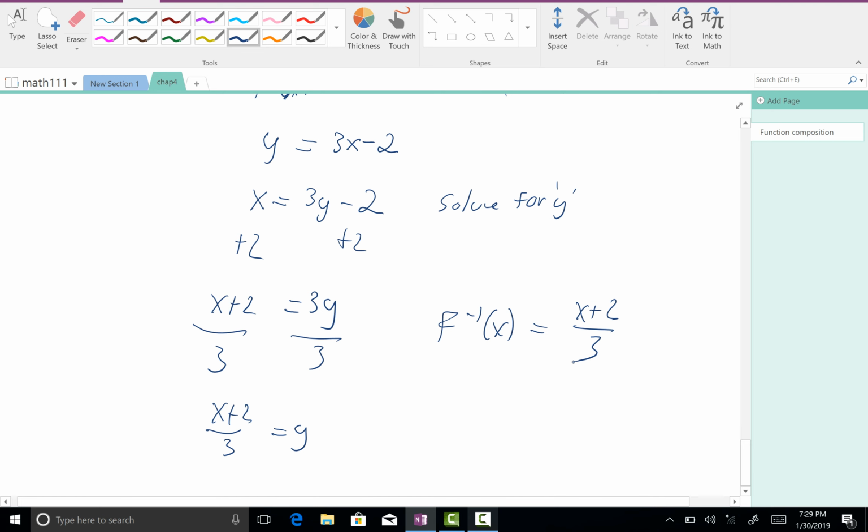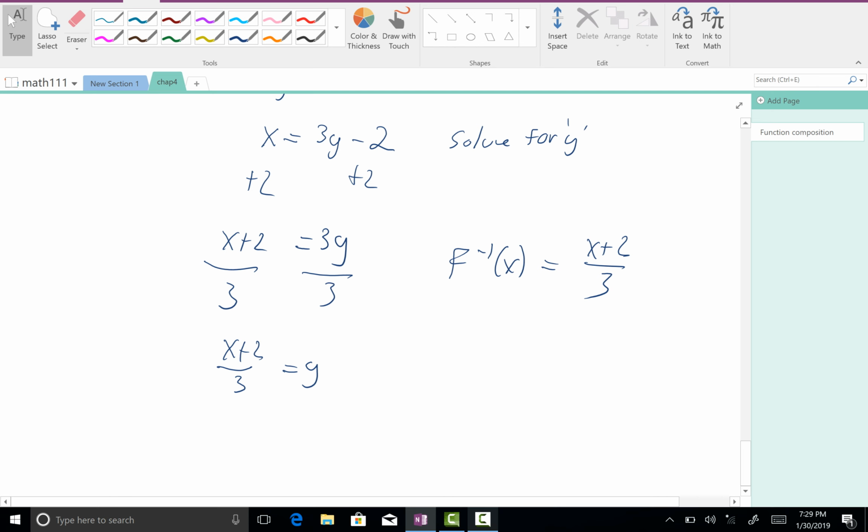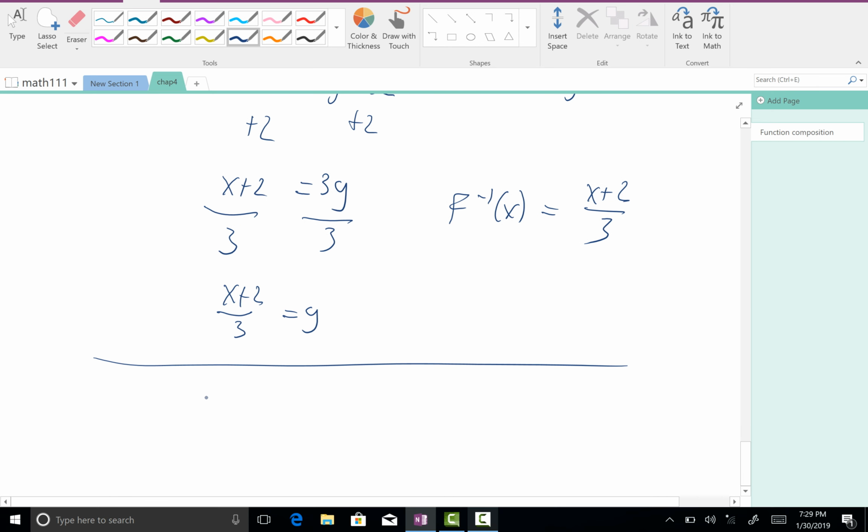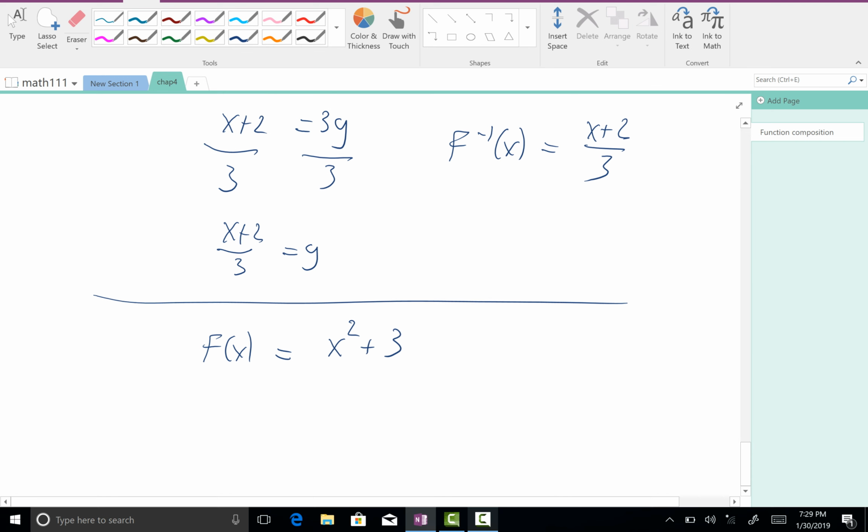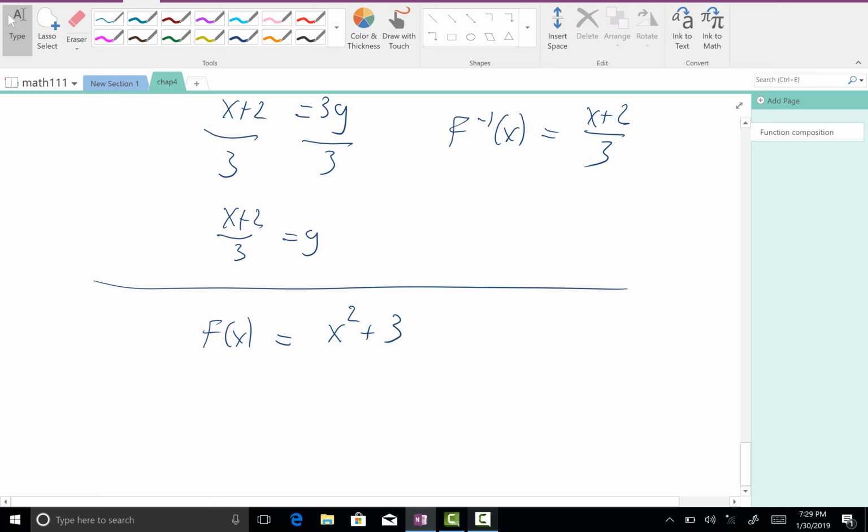All right, let's try another one. F of x equals x squared plus 3. All right, so we're going to find the inverse. Find f inverse of x. First thing, set it equal to y.